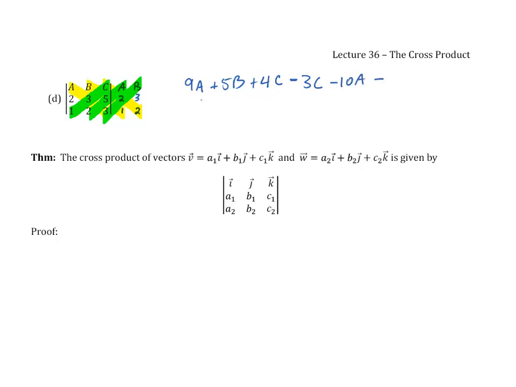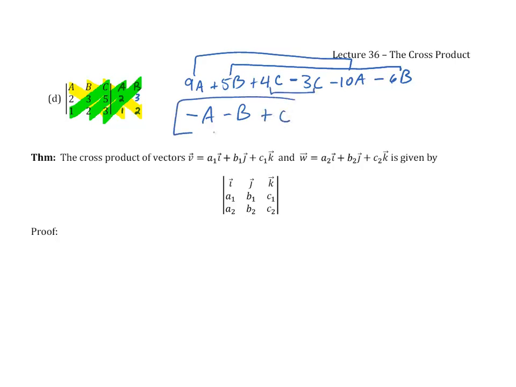And then minus, because we're going backwards, minus B times 3 is minus 6B. Which gives me 9A minus 10A is negative A. 5B minus 6B is negative B. And 4C minus 3C is plus C. Minus A minus B plus C.